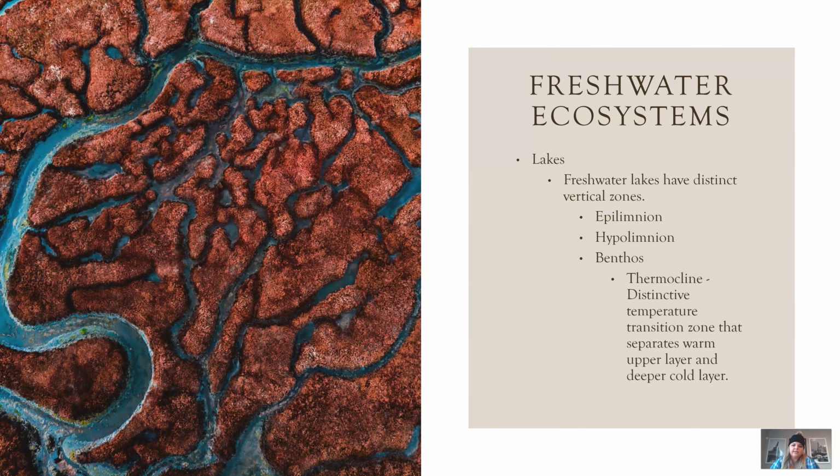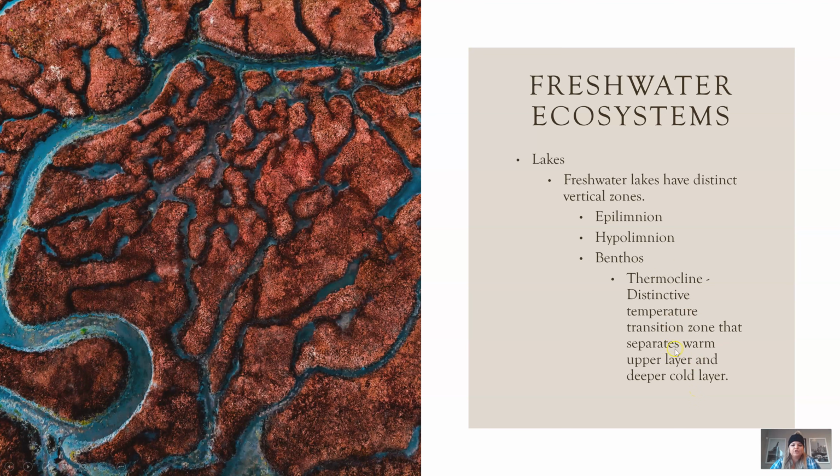Then we have freshwater ecosystems like lakes. Freshwater lakes have distinct vertical zones, and depending on the vertical zone, just like in the ocean, you're going to see different plant and animal life. The thermocline is a distinct temperature transition zone that separates the warm upper layer and the deeper colder layer.